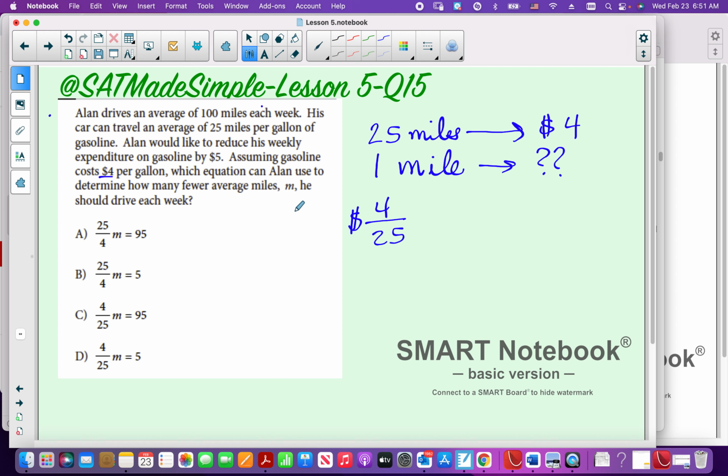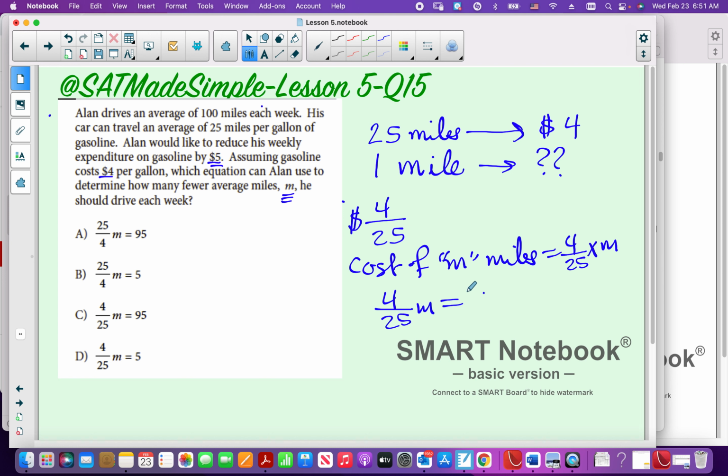And they gave us that on average he drives M. So basically we need to find the value of M. So 1 mile costs 4 over 25, and M miles will cost 4 over 25 times M. To reduce that by $5 to find M, we equate this equation, 4 over 25 M, to $5.